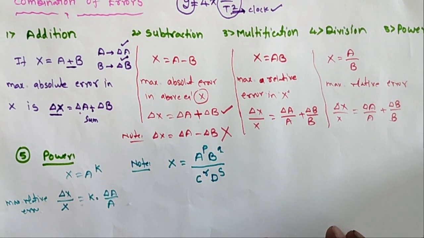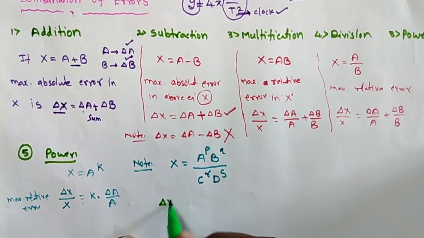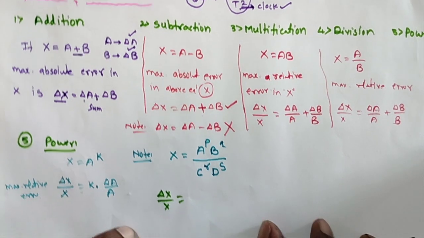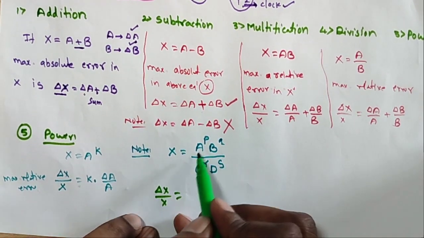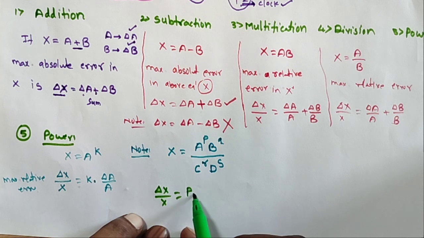So here it is very simple. Delta x by x is equal to, first, a power p means p into delta a by a.